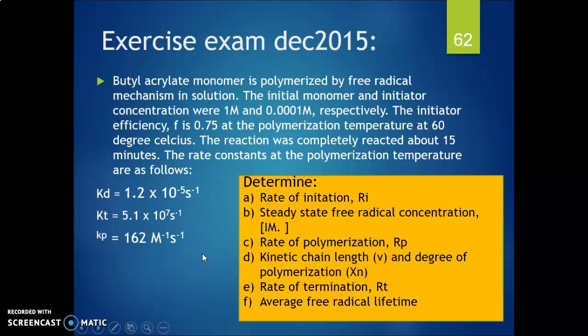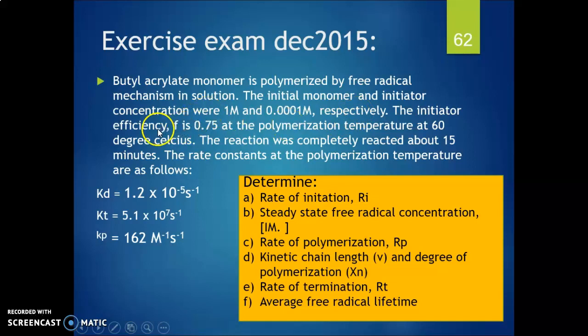Alright, let's do the exercise from the final exam question, December 2015. Monomer is polymerized by free radical mechanism in solution. The initial monomer and initiator concentrations were 1 molar and 0.0001 molar respectively.